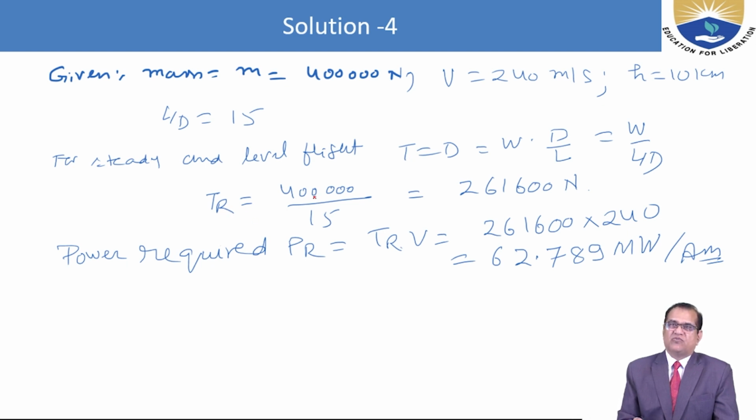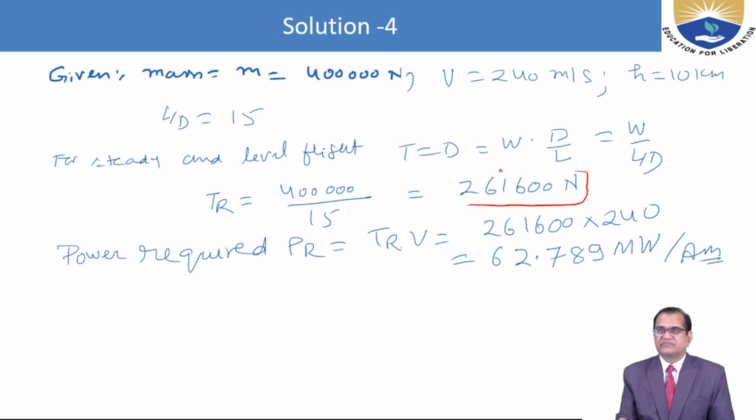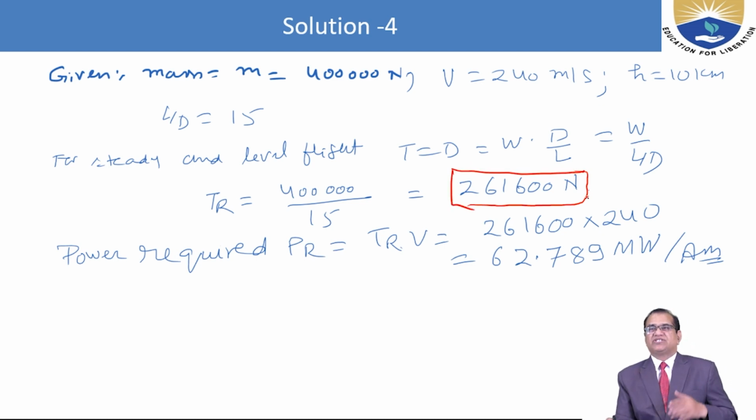Thrust required is equal to 400,000 by 15. You will get thrust required as 261,600 Newton. This much thrust is required.